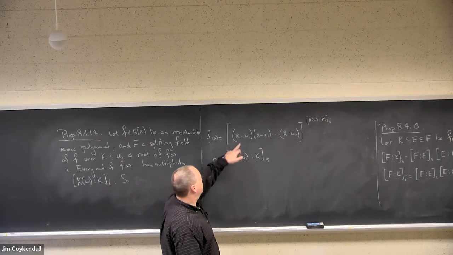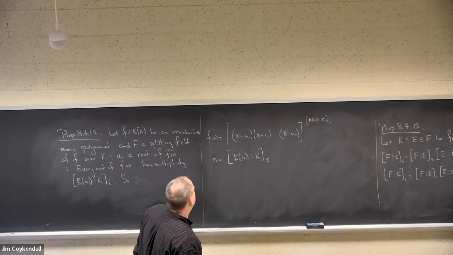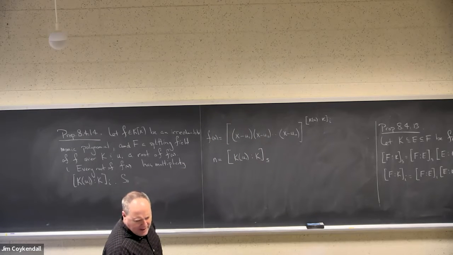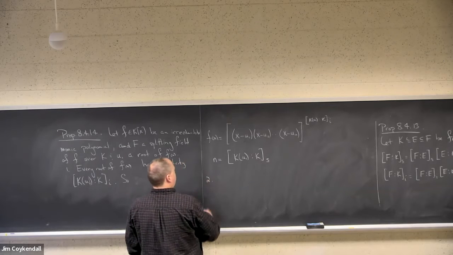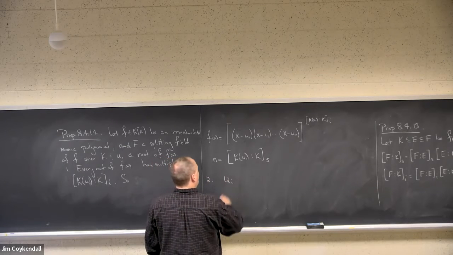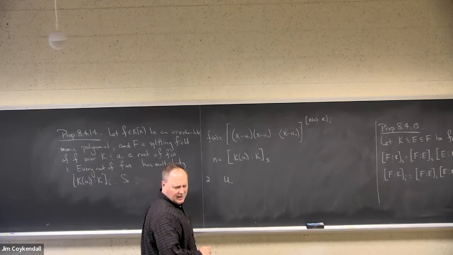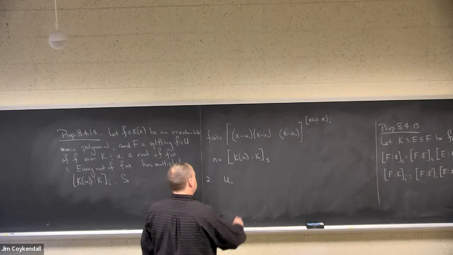And here, let me also point out, all the u_i here are distinct. Otherwise, I would have numbered them differently. And notice too, if you look at any one of these roots and you take it to the appropriate power, it should be the inseparable degree.